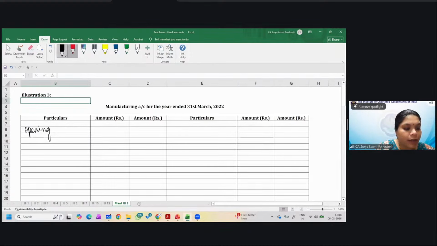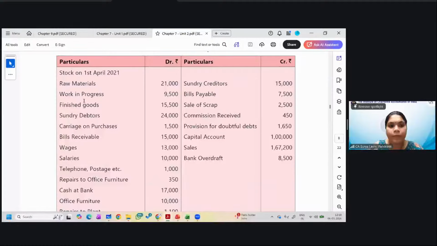Opening raw material, right? What is the opening raw material here? Are you all there with me? Okay. Opening raw material is how much? 21,000.